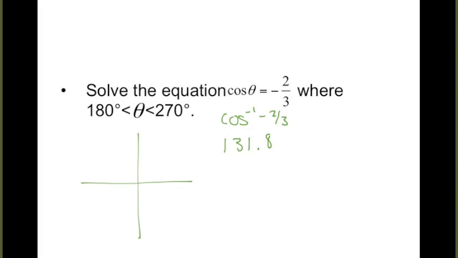So I want to graph this answer. 131.8 is somewhere in here. We need to find our reference angle. How do I find my reference angle? 180 minus the 131.8 will give me how much is left over down here, 48.2.